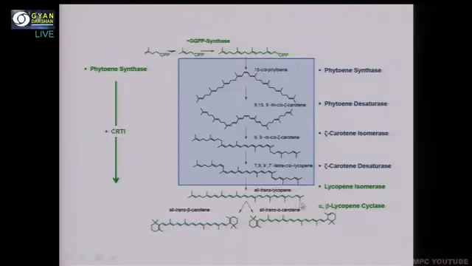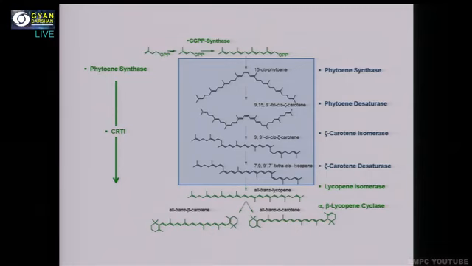Then from phytoene you have lycopene synthesis through different enzymes like phytoene desaturase, as you can see. And then from lycopene you have the carotene, either beta carotene or alpha carotene, depending on the presence of lycopene beta cyclase or lycopene alpha cyclase, or you can also call it alpha beta lycopene cyclase. So this is the entire pathway.